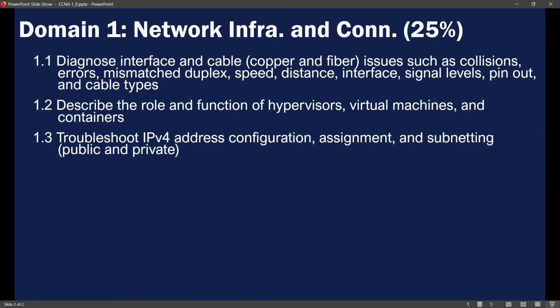But notice 1.3 is going to be centered around troubleshooting. So a great example would be, here's a diagram of the network. Why can't host A reach host B? And of course, there's some kind of a problem with addressing. So notice the level of difficulty ticks up a little bit here, doesn't it?